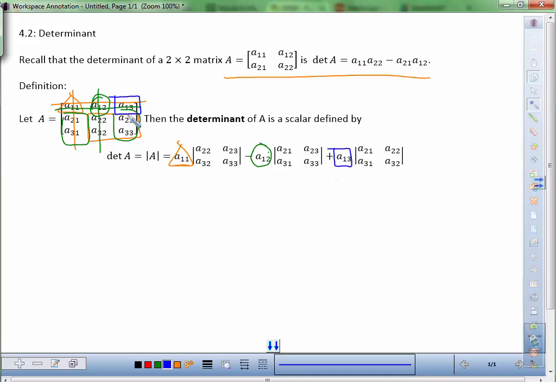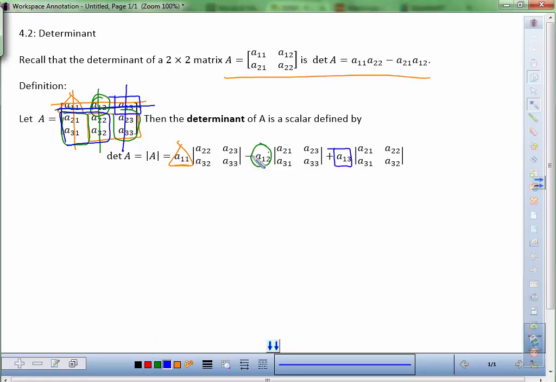So if we take that last element, after crossing out the row and column that it belongs in, we can look at the 2 by 2 matrix that's left over, and we're going to find a determinant of that. Now, I think there's one thing I didn't address in this whole plan here, and what is it?